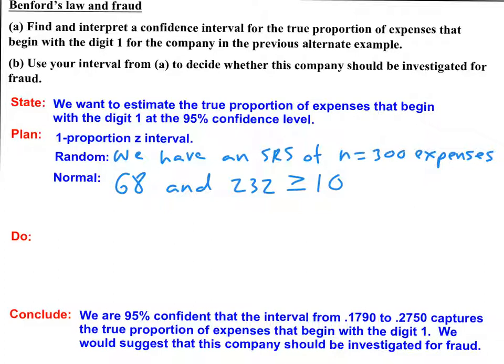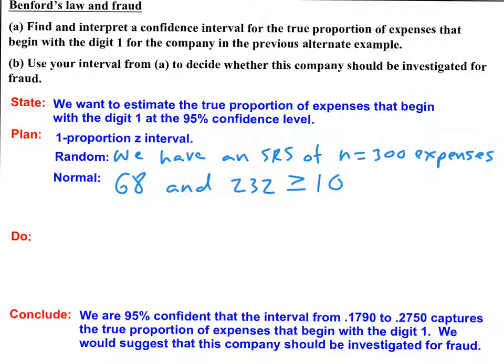That's a big difference because in a significance test we're assuming H0 is true. So when we calculated that p-value on the slide before, we were assuming that the bank was not committing any fraud and that their expenses had a leading digit of 1, 30.1% of the time. Here, this is different. Notice in the state step, I never made that assumption that P is 0.301.